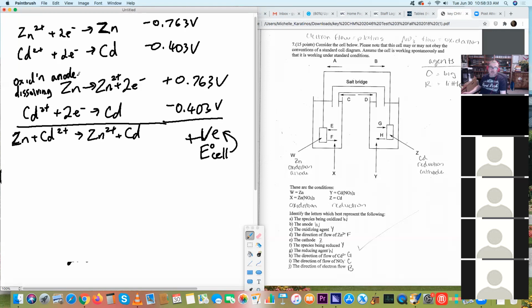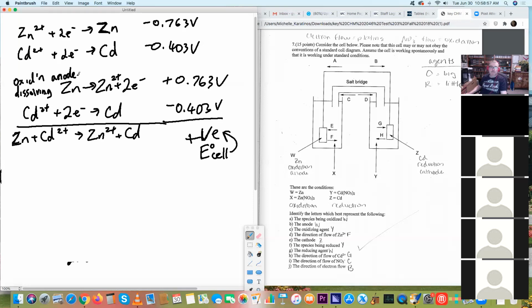The whole oxidation anode, that's one of the conventions. Oxidation occurs at the anode, reduction occurs at the cathode. You can remember that: R and C are both consonants, O and A are both vowels. So oxidation, anode, reduction, cathode. The other thing is that the electrons are on the product side, which makes it an oxidation as well.